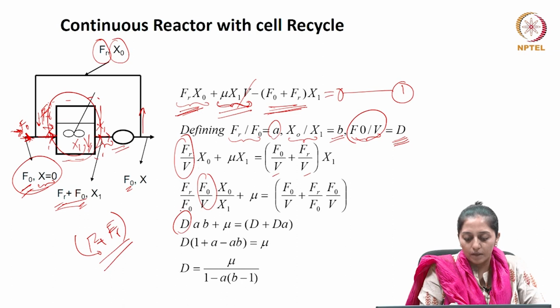Fr by F0 given here has been replaced as A, and x0 by x1 given here. The entire equation has also been further divided by x1.